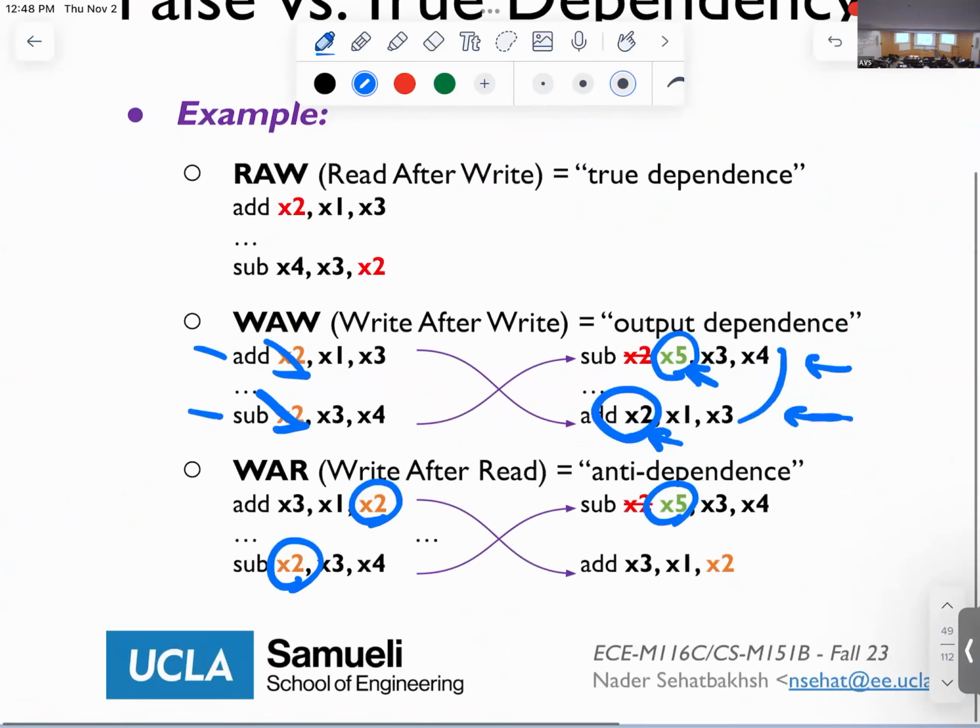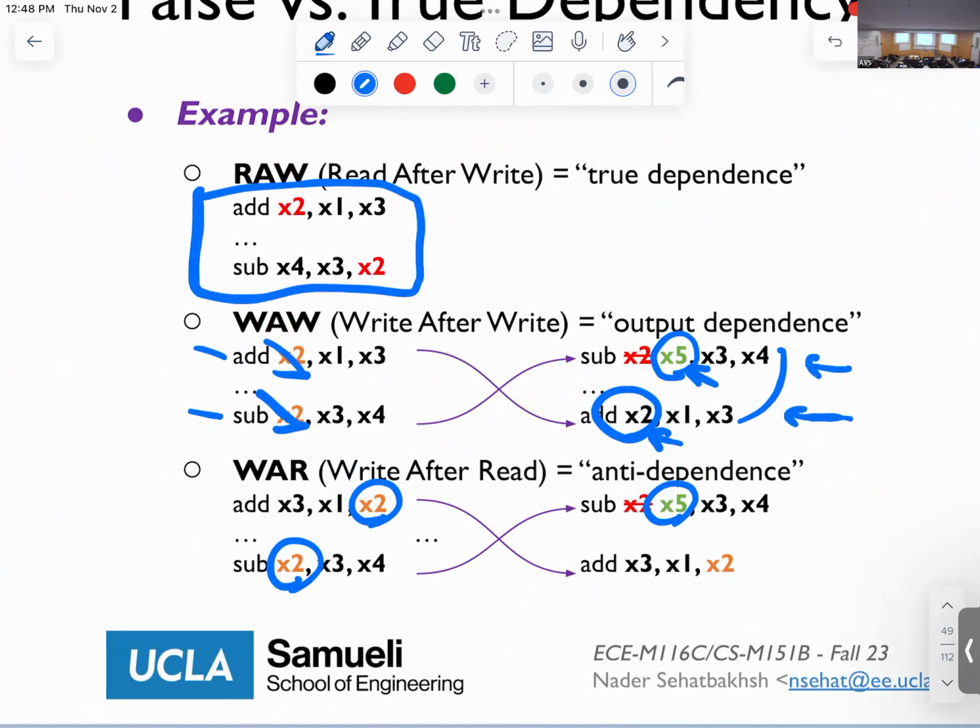The one that I cannot really do anything about is when there is the actual true dependence, when the value of this instruction is actually dependent on this instruction. Consider that these two values are not dependent on each other because they're two separate pieces of data being written. But these two are really dependent on each other because the value of this directly impacts this, but the value of this does not impact this, right?